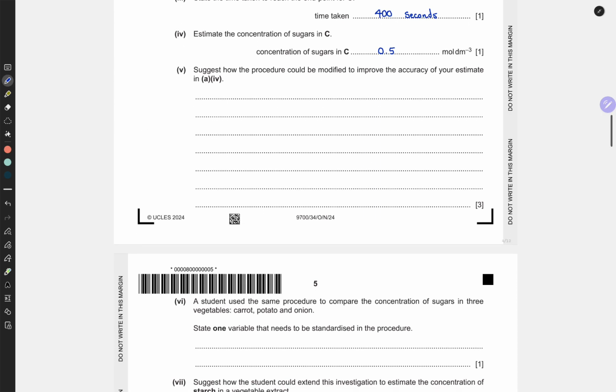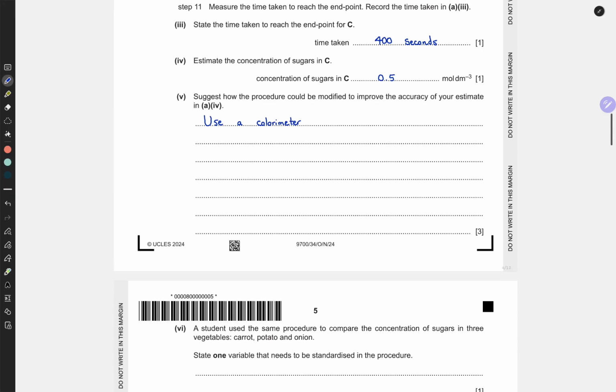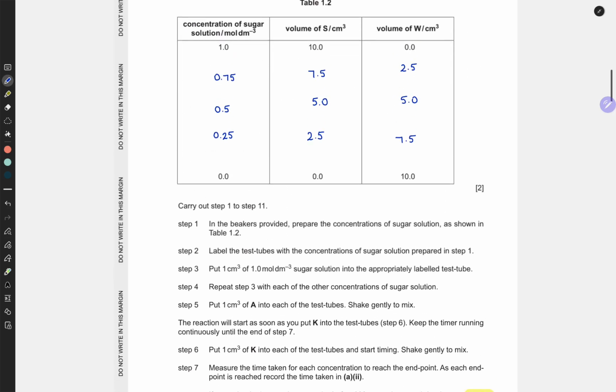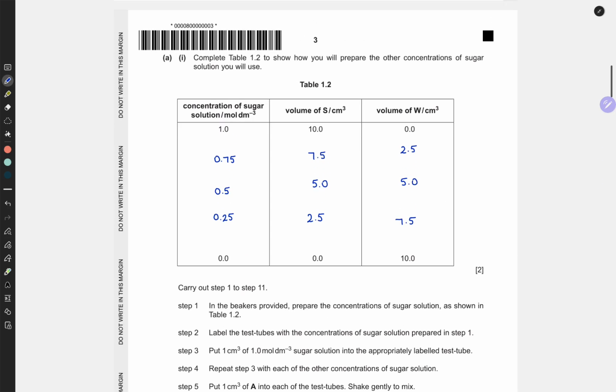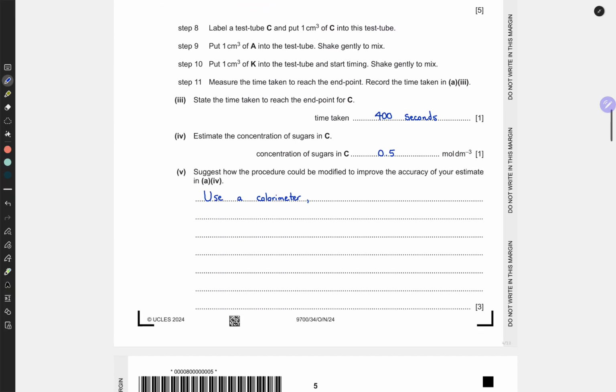So to make it more accurate, you can use a colorimeter, then it's a 3-mark question. So when using different concentrations, if you use smaller intervals between the concentrations, it will become more accurate.